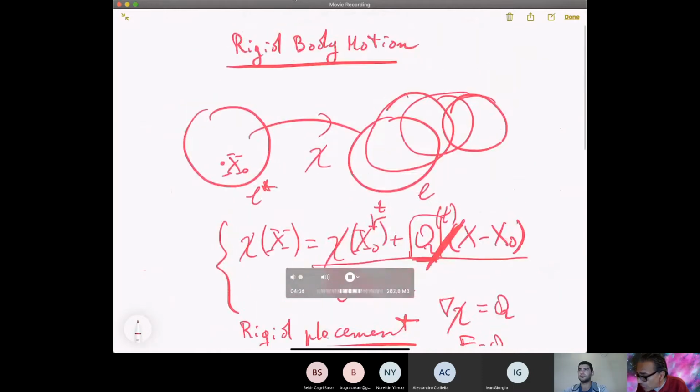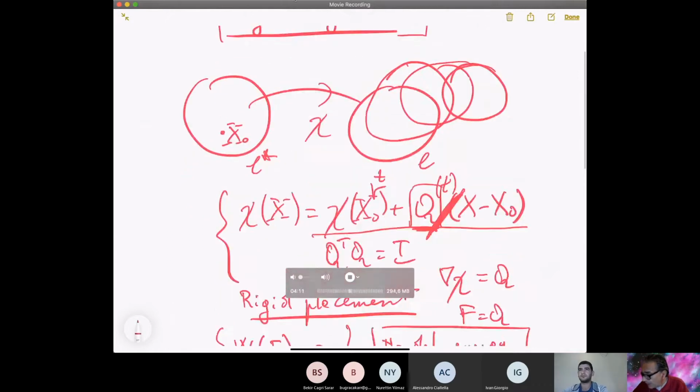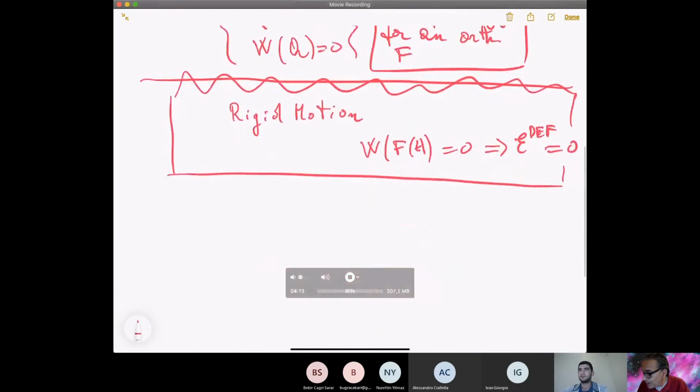So the motivation for going back once more to rigid body motion, which we have already discussed, is exactly this one.